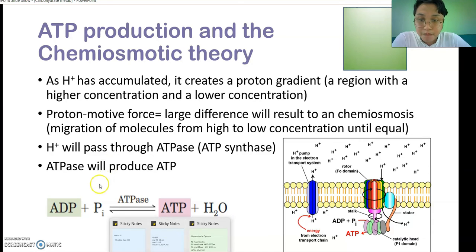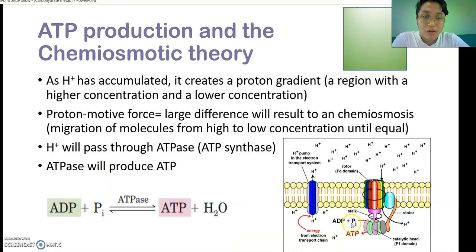So, your ADP will form ATP with phosphate group and an inorganic phosphate. So ATPase or ATP synthase with water as another product. Okay? So yun. Dahil nga may bumaba, edi may umandar at meron na yield na ATP.